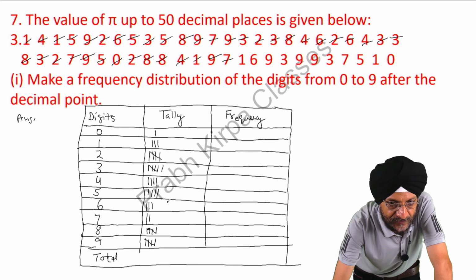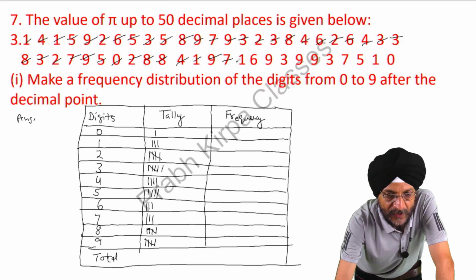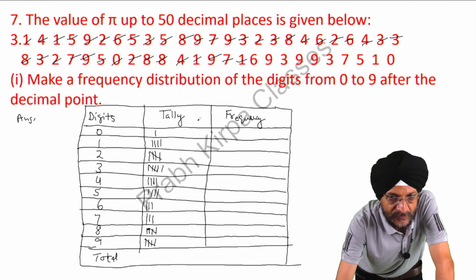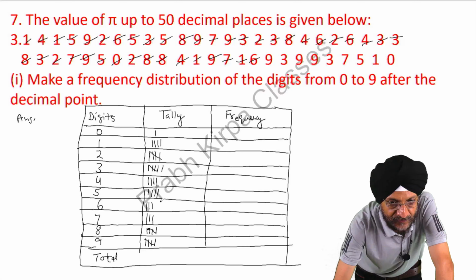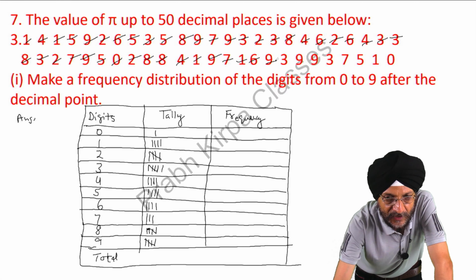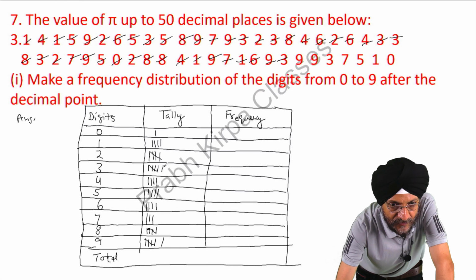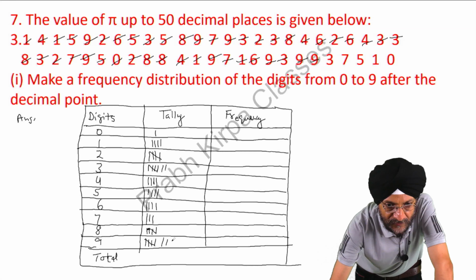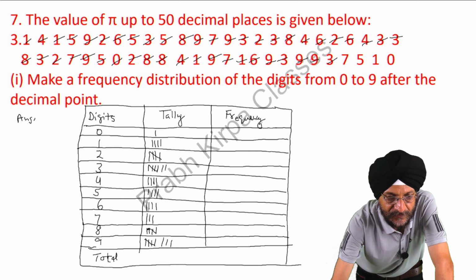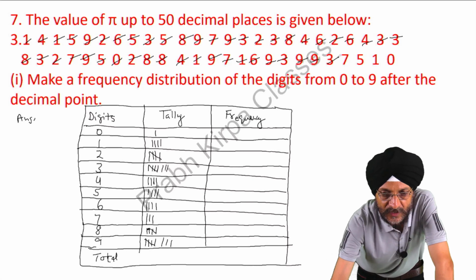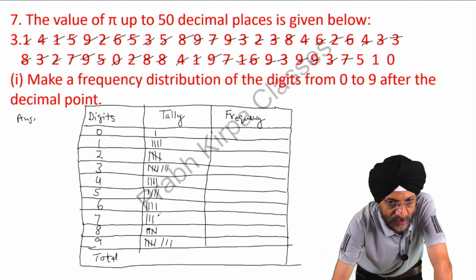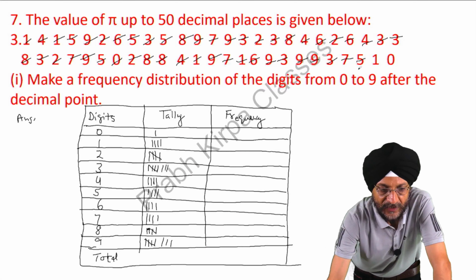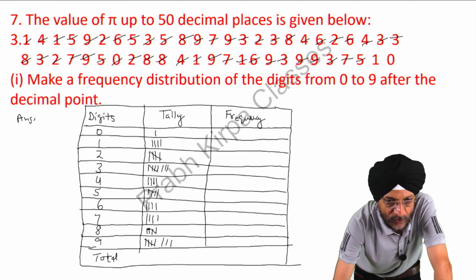7, 1, 6, 9, 3, 9, again 9, 3, 7, 5. This is for the fifth time.